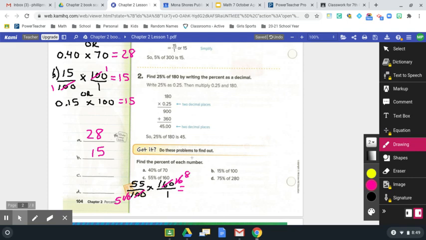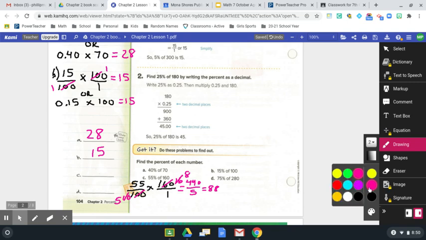And I'm going to get 440. And if I do 5 times 1, I have 5. Well, I can still simplify this, okay? I'm going to do 440 divided by 5. And I'm going to see that I get 88. So it's saying 55% of 160 is 88.